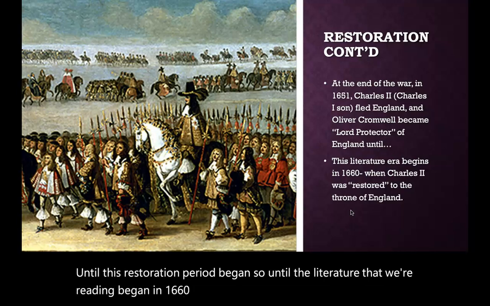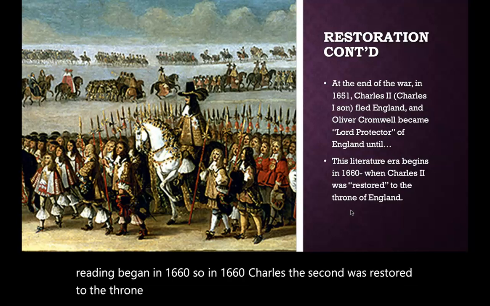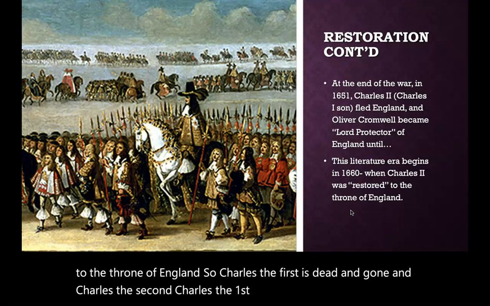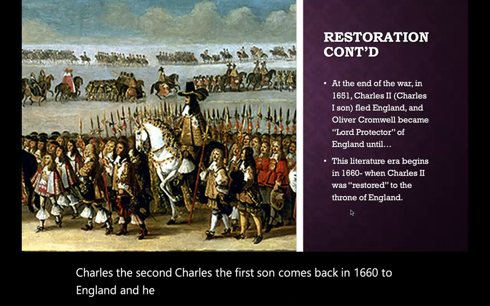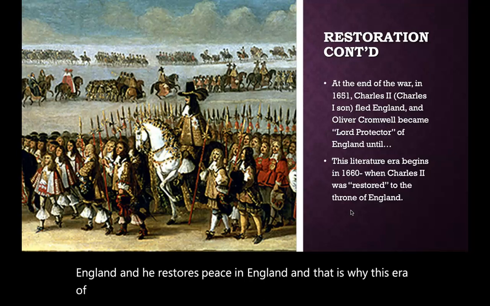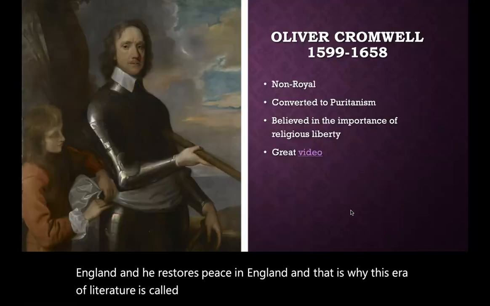In 1660, Charles II was restored to the throne of England. So Charles I is dead and gone, and Charles II, Charles I's son, comes back to England in 1660, and he restores peace in England, and that is why this era of literature is called Restoration literature.